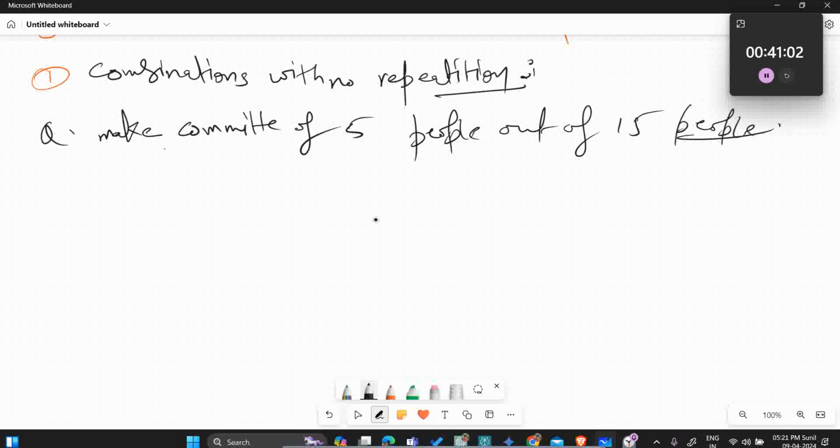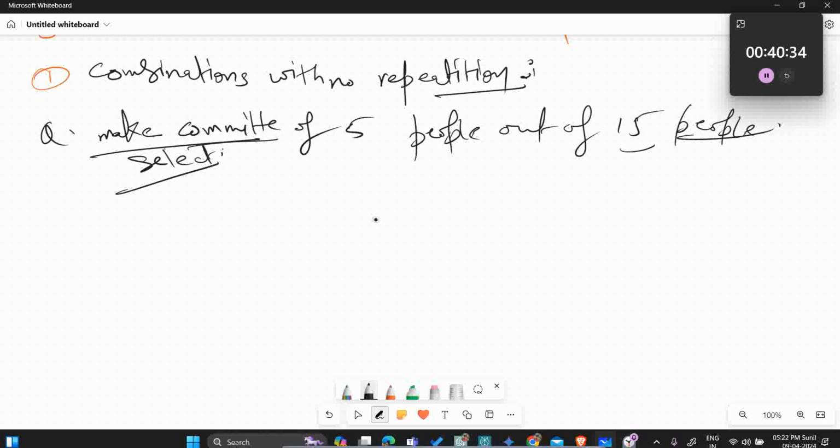What is this, a permutation or a combination? It is a combination thing because selection of a committee is involved. We have to select, not arrange. How many ways can we select 5 people from 15 people? This is the problem.